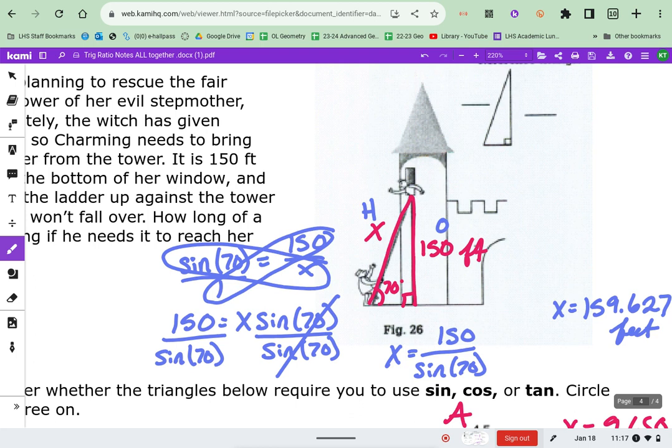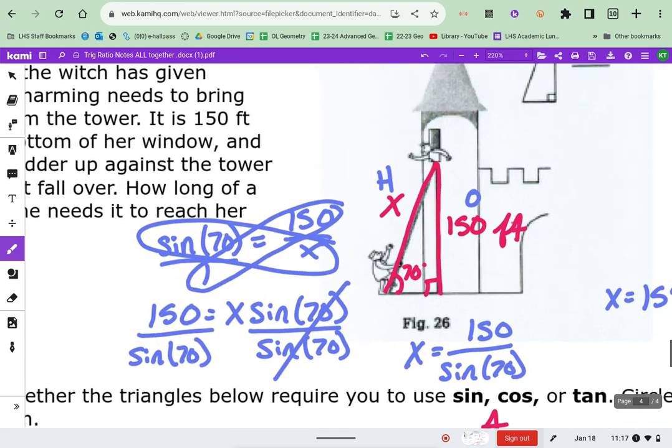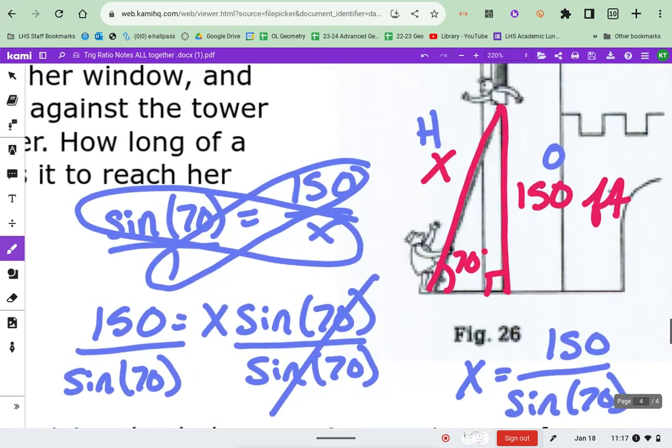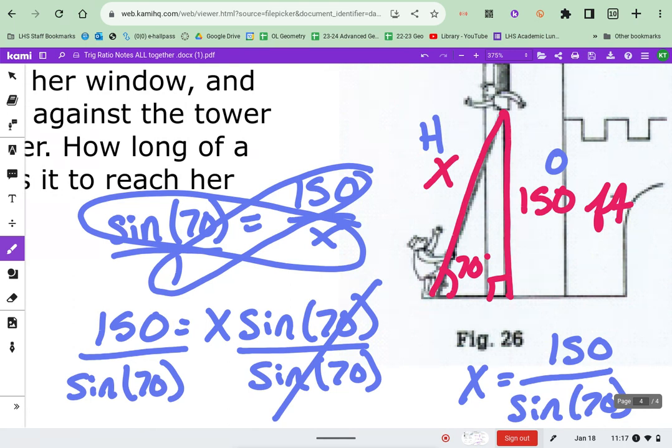All right, go ahead and share with your group what you got if you haven't already. Okay, so this one was sine.